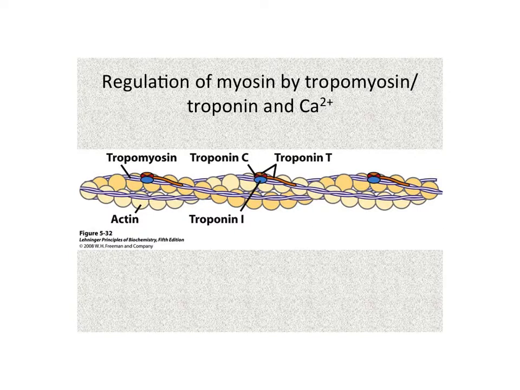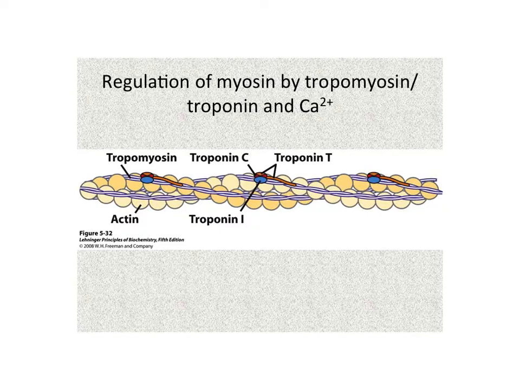So then how is myosin regulated by tropomyosin and troponin, and calcium for that matter? Well, the way that this regulation works is that in the resting muscle, we have these long tropomyosin filaments that interact with the actin to prevent the myosin from binding. And then we have troponin, and the three components of the troponin that help this interaction to proceed.